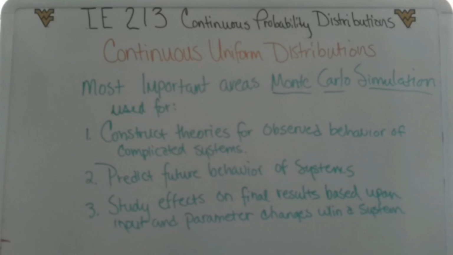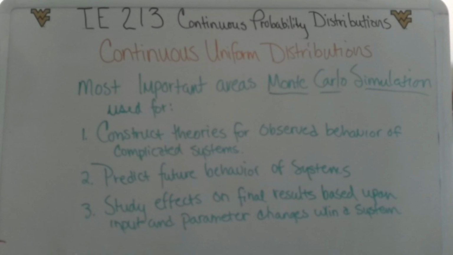Okay, one of the most important application areas for uniformly distributed random variables is the Monte Carlo simulation. In very broad terms, one can say that a computer simulation is the process of designing a model of a real or abstract system and then conducting numerical experiments using the computer to obtain a statistical understanding of the system's behavior.